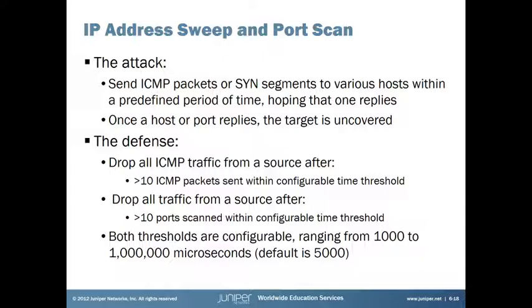That's the question. So here's an example: drop all ICMP traffic from a single source after greater than 10 ICMP packets are set within a configurable time threshold. Drop all traffic from a source after 10 port scans within a configurable time threshold. The default is 5,000 microseconds.